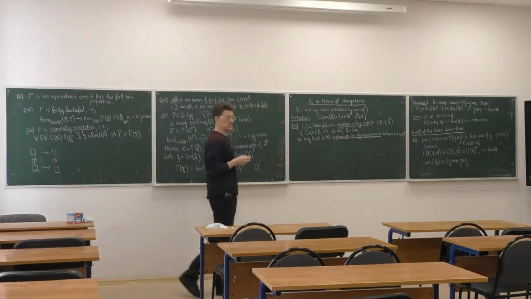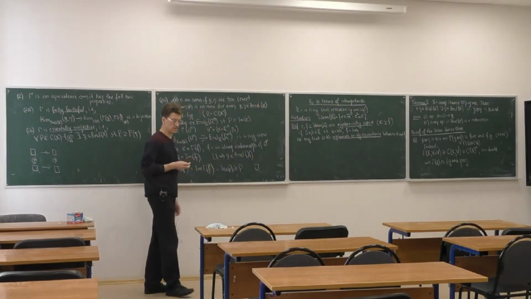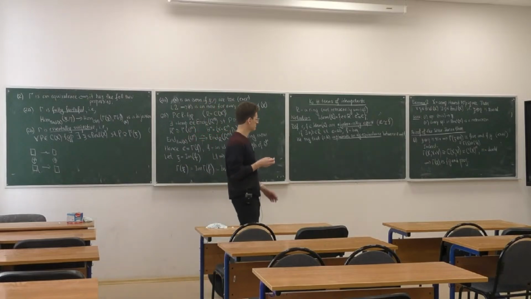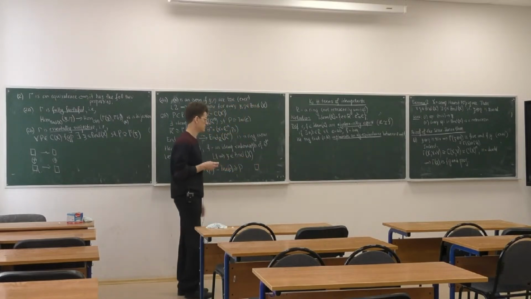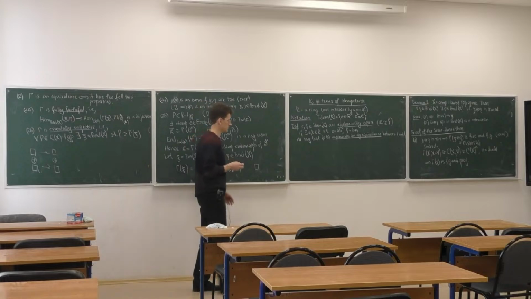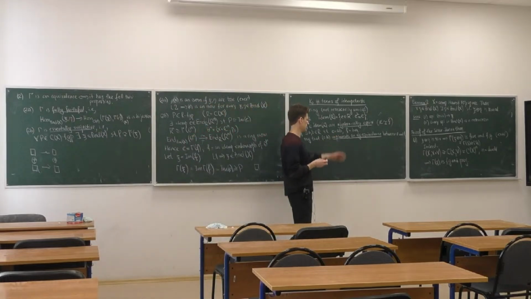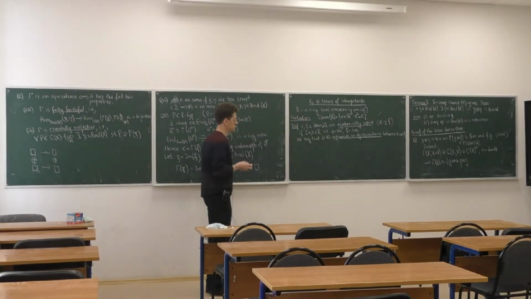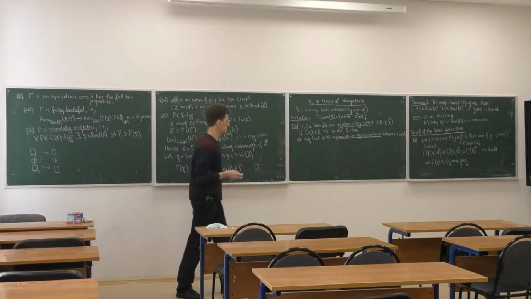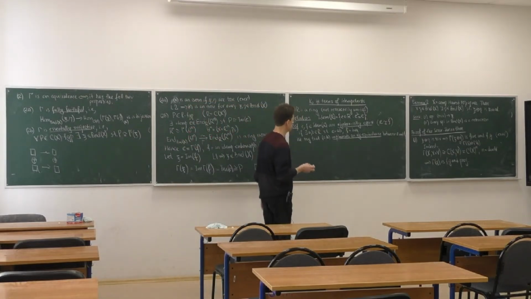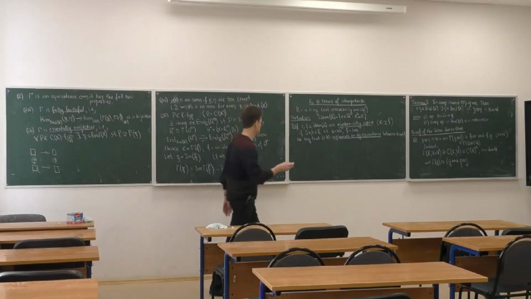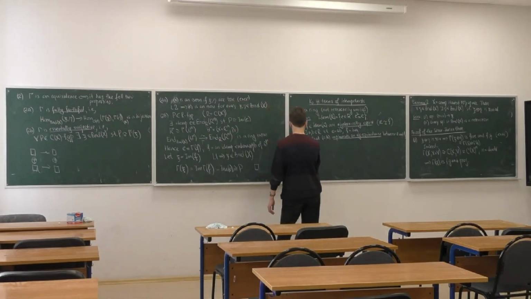Well, what is not entirely obvious here is that this is indeed an equivalence relation. Clearly it is reflexive and symmetric just by construction, but it's not obvious that it is transitive. In fact, it is. And to prove the transitivity, let's introduce the following property.